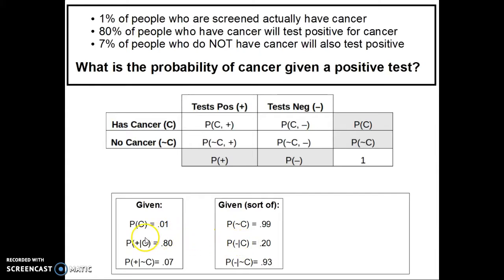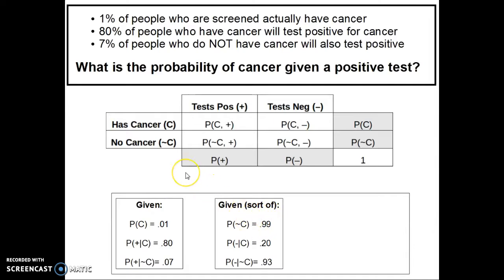Since testing positive and testing negative are mutually exclusive, they have to sum up to 100% of the population. Well, 80% plus 20% gets us to 100%. And same thing here, if you do not have cancer, testing positive or testing negative has to sum to 100%. So we just do 1 minus 0.07 to get 0.93, 1 minus 0.8 to get 0.2, and 1 minus 0.01 to get 0.99. Excellent.